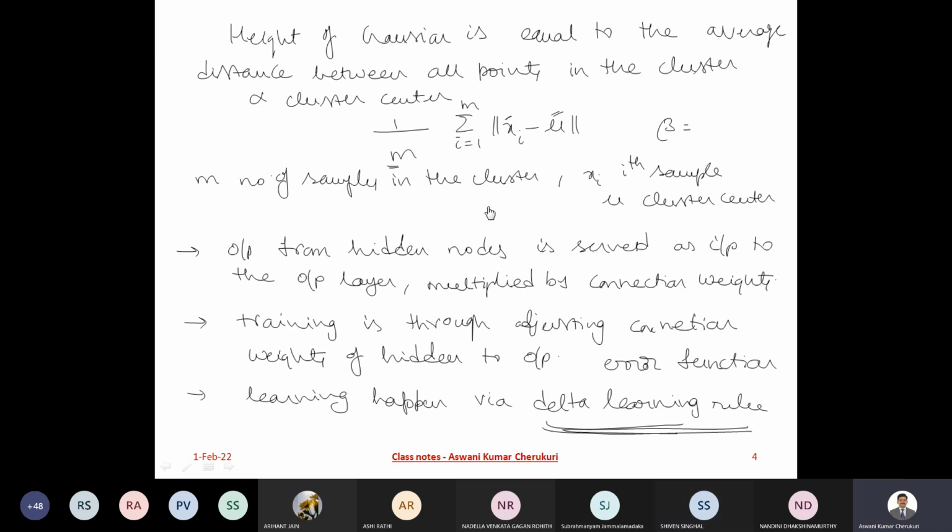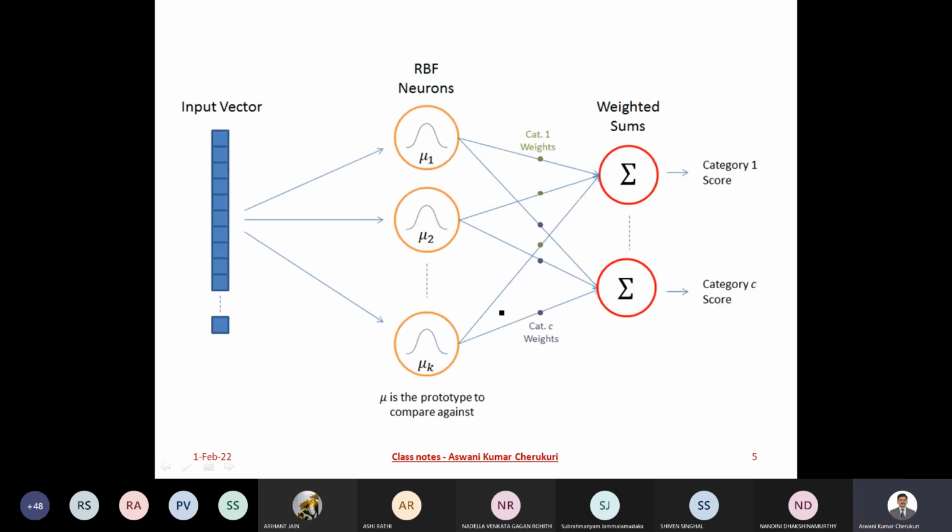Okay. Now let us take a little more illustration to understand this particular network. So you can see a better picture of RBF neurons.